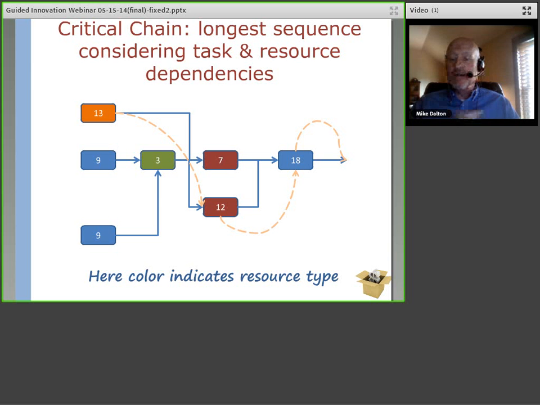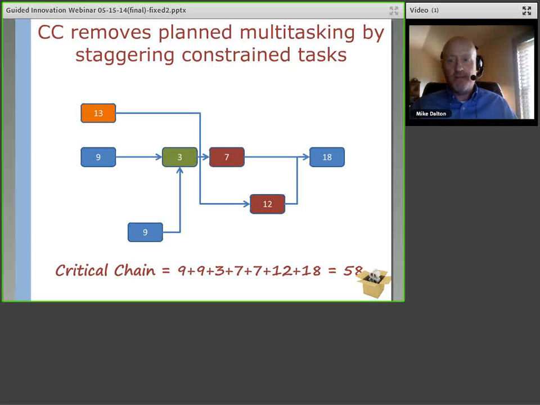Right? And so to help further explain the critical chain, in this example, the critical path, which is 13 to 12 to 18, is really an unrealistic expectation, because it turns out, to give you a little bit more information here, that the blue and the red resources, we only have one of them, so they really can't happen at the same time.